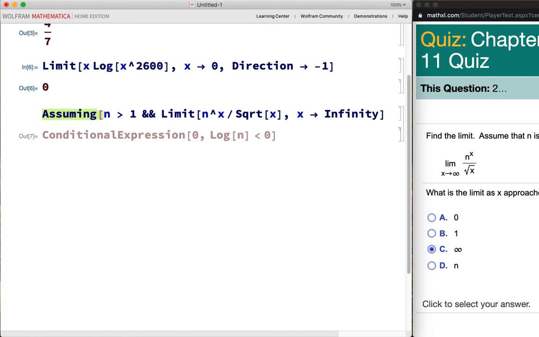I don't think I need to specify that n is an integer, because even if n is not an integer, as long as n is greater than 1, the function will increase very rapidly to infinity. So let's see if that works.